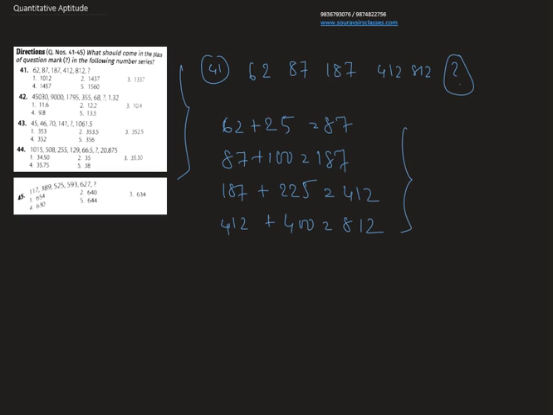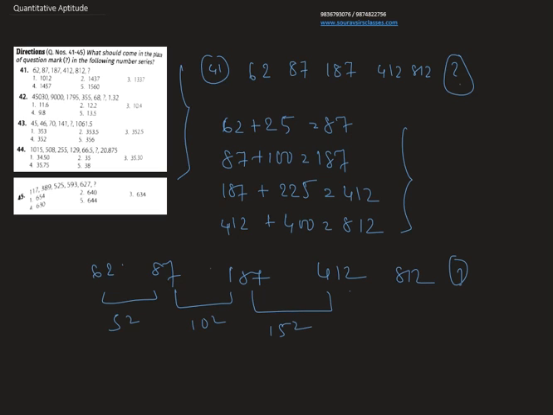Therefore, from this given pattern, we can say that we just add 5 square, then 10 square, then 15 square, then 20 square.